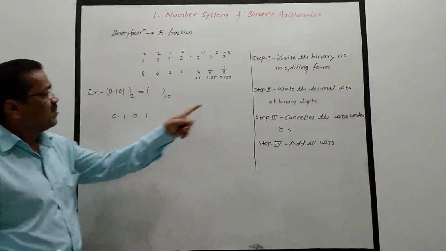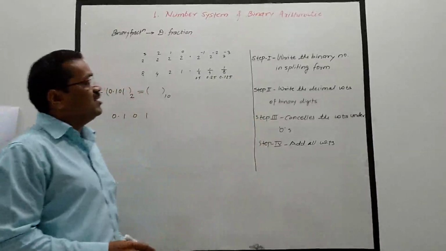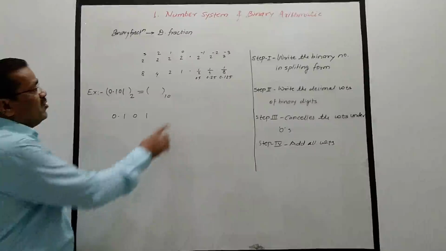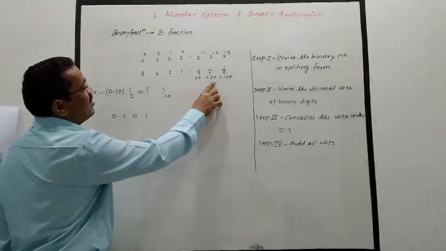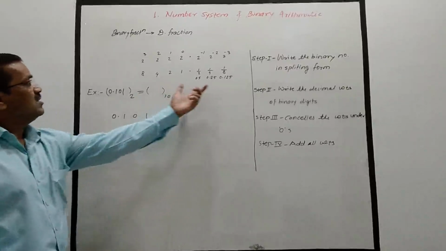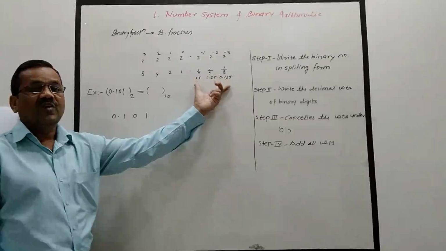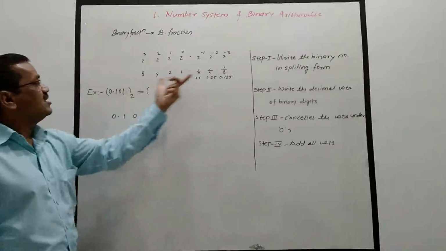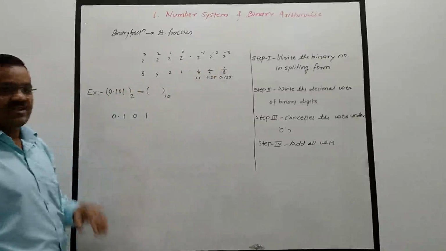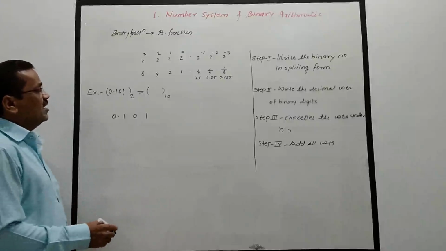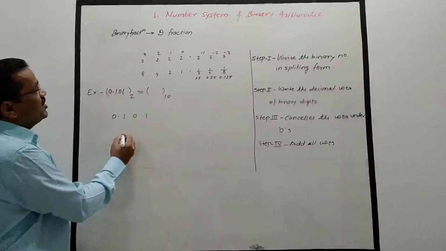Now step number 2, write the decimal weightage of binary bits. Now here are the decimal weightage of binary equivalent. This is the weightage used for fraction conversion, binary fraction to decimal fraction. Now write the weightage under each digit.